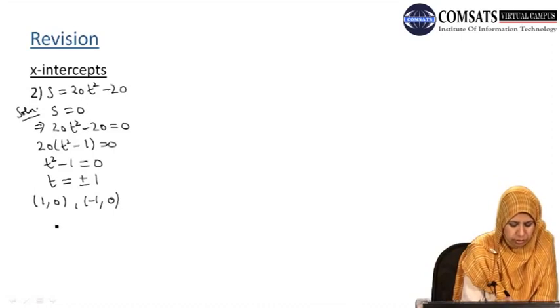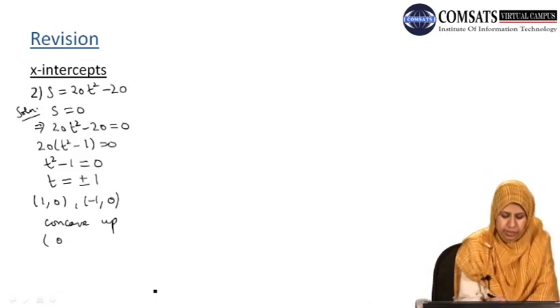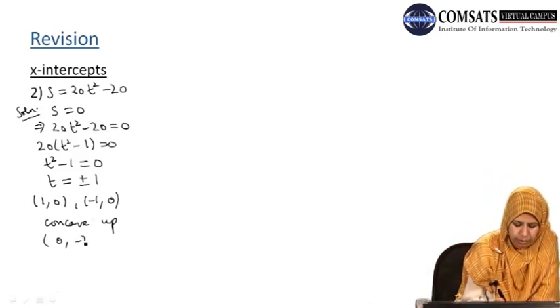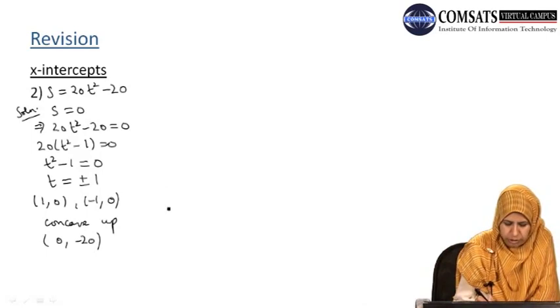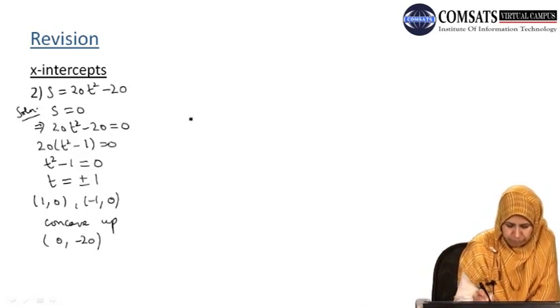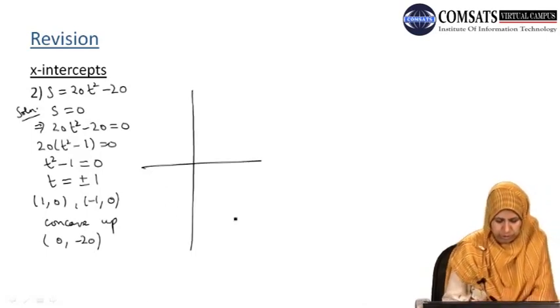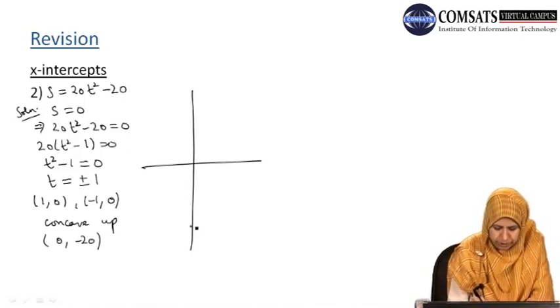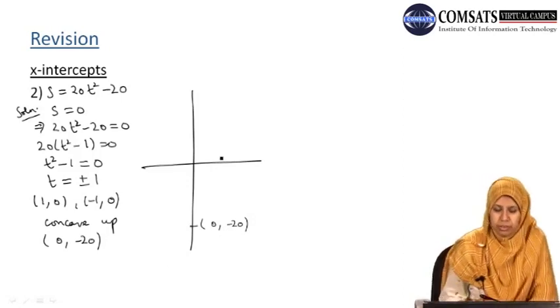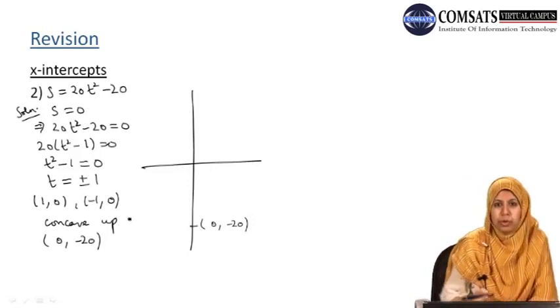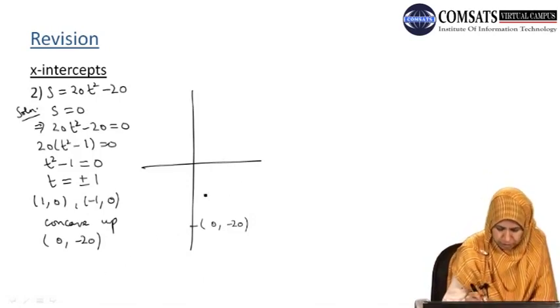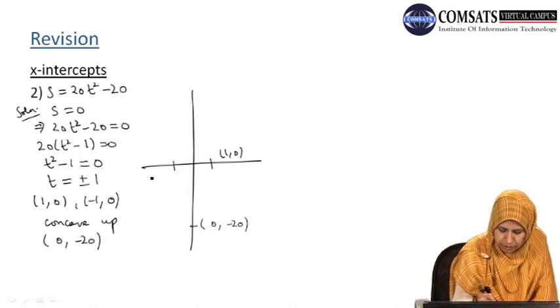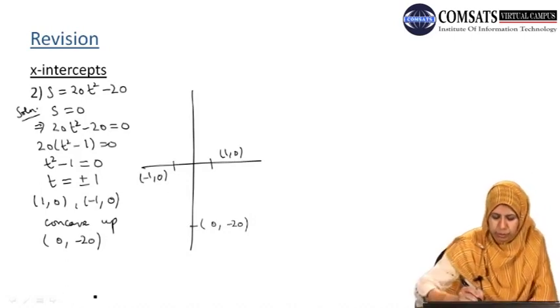The given function is concave up, and the y-intercept was 0, -20. Okay, let's say this is our point 0, -20. This is concave up, which means that it will be open from the top. Now this is our point 1, 0, and our second x-intercept -1, 0.